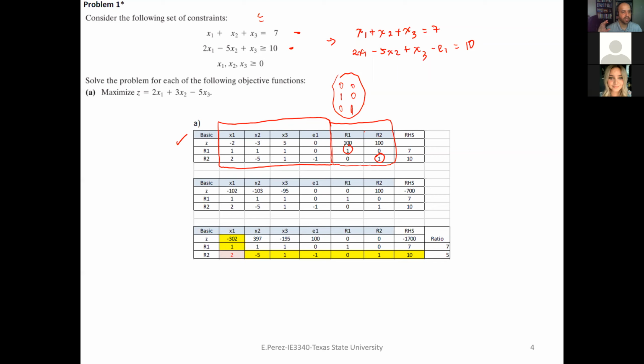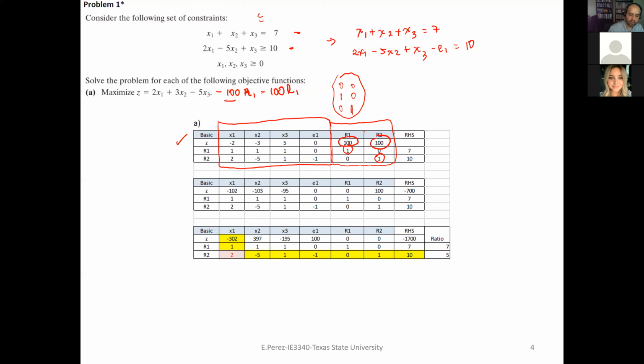If we choose M equals 100, we're going to subtract those artificial variables from the objective function, and that's why we have these coefficients here.